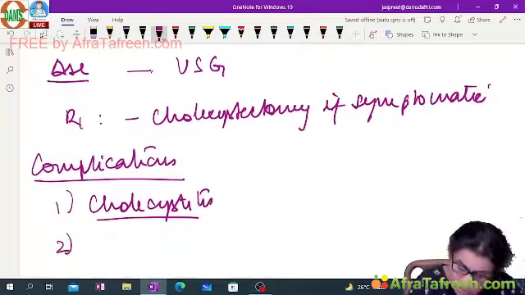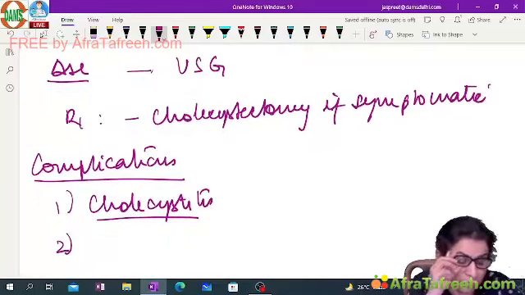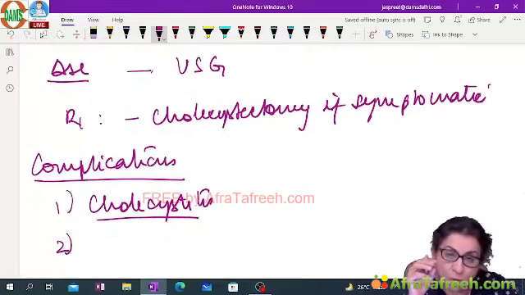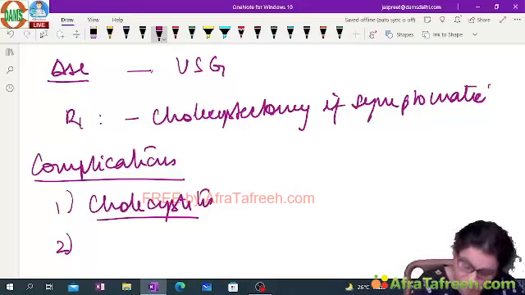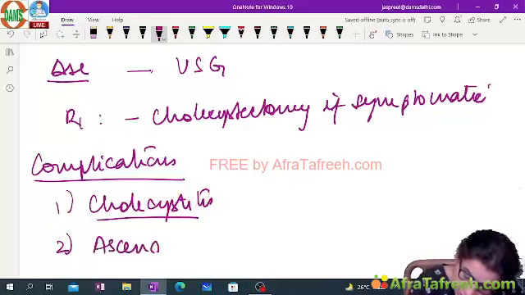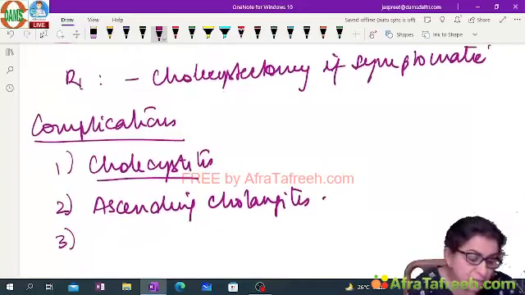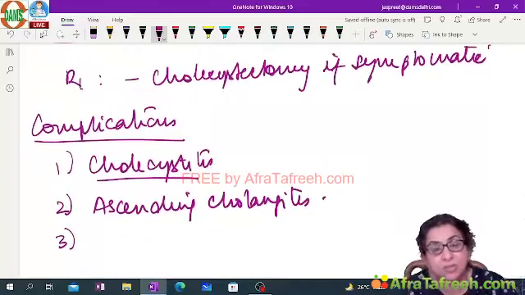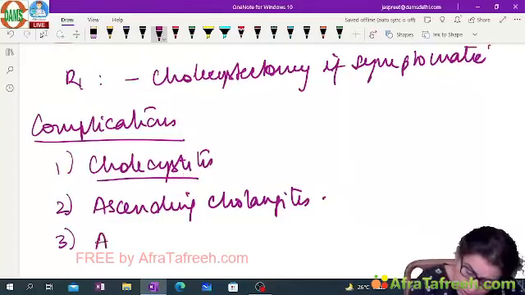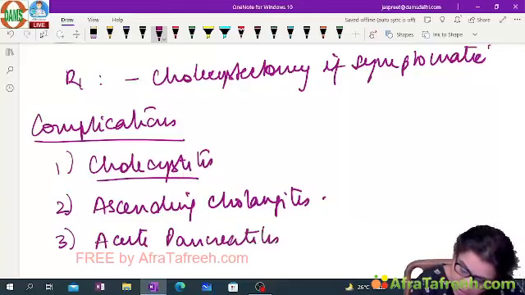Number two, these gallstones can obstruct the bile ducts, and then they can get infected, producing ascending cholangitis. And three, these gallstones can also obstruct the pancreatic ducts, producing acute pancreatitis.